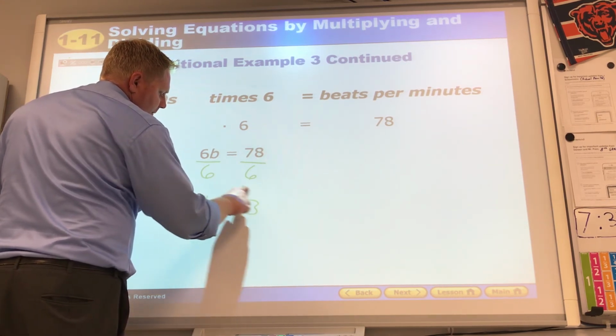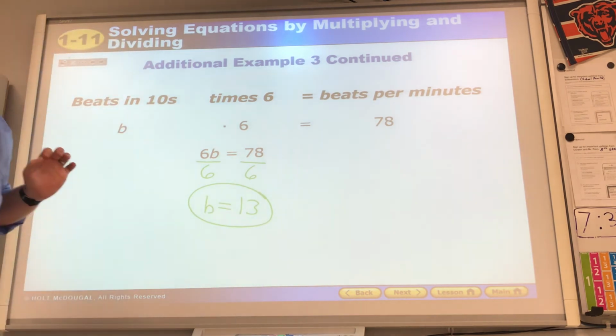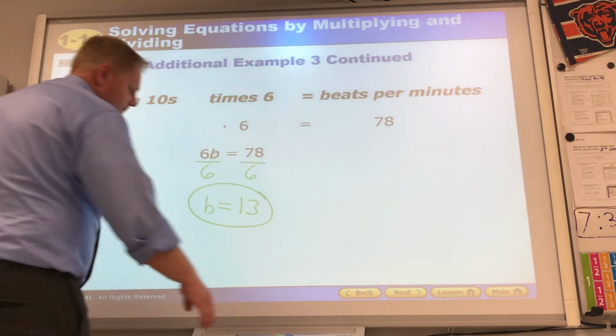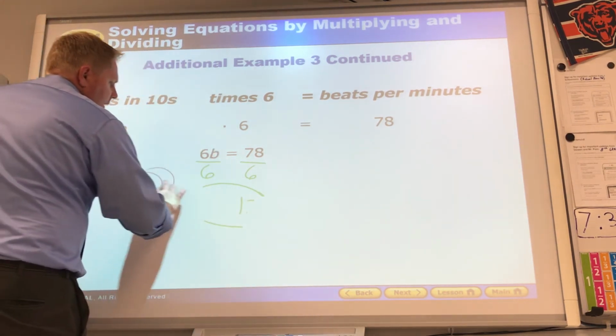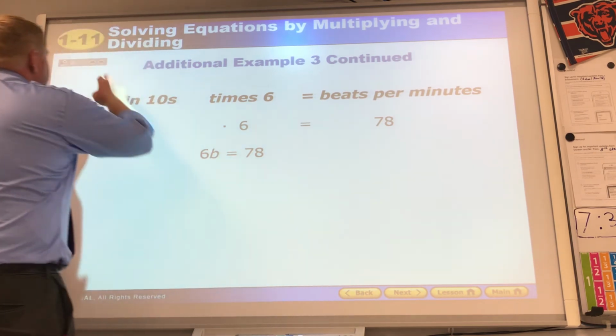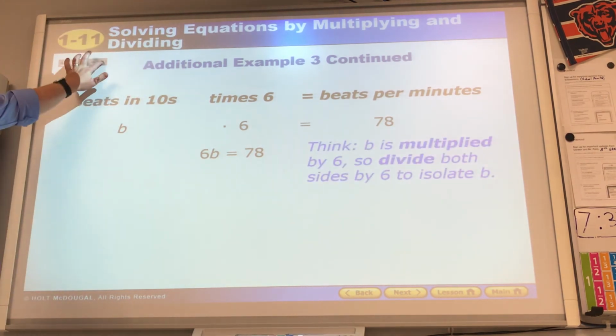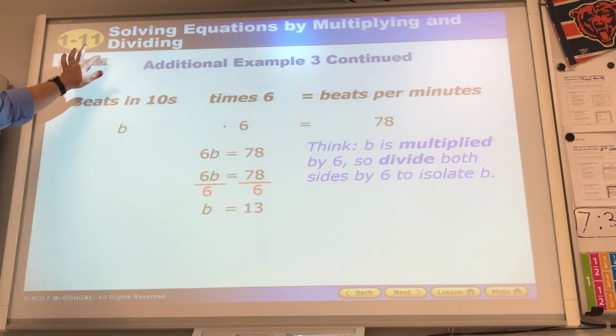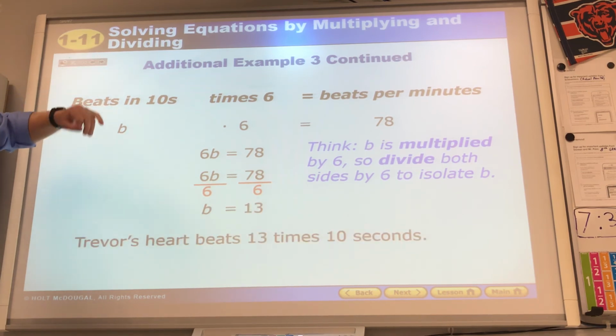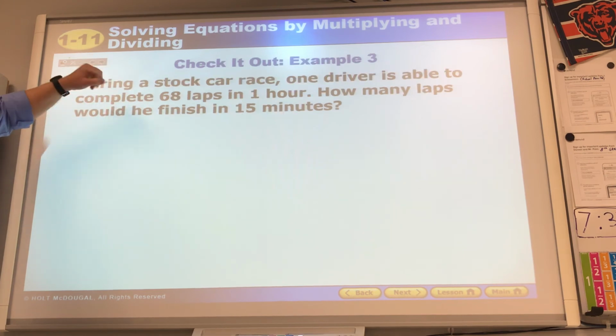It's 13 by my recollection. Let's see if the computer got the same. All right, so divide by 6 to get that B all alone, the variable by itself. That is 13. We do that, it's 13 times in 10 seconds.